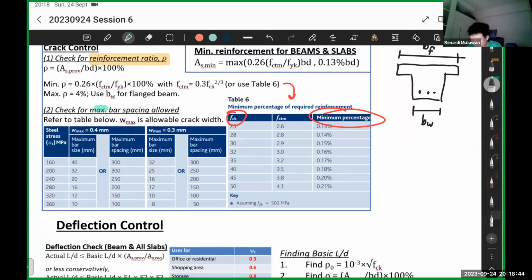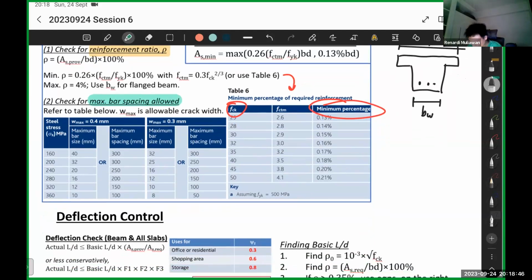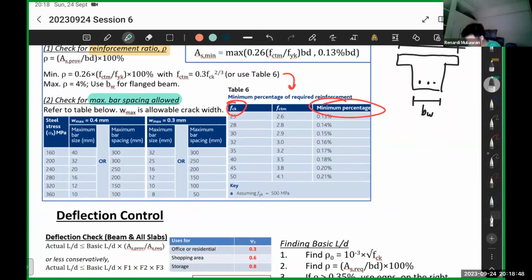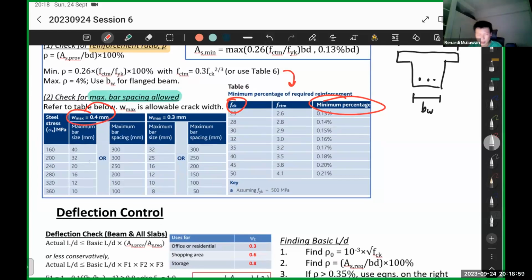Second one is max bar spacing. This one depends on the question, whether they limit the crack to be 0.4 millimeters. w here is crack width. Let's say this is your concrete, then let's say it cracks like this. This is the crack width, or w. There's a limit also.